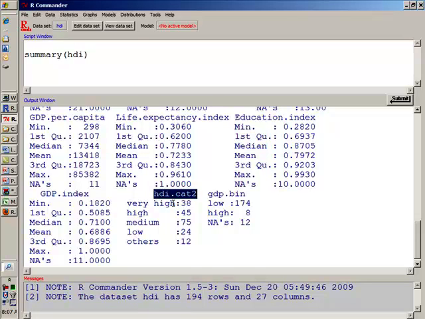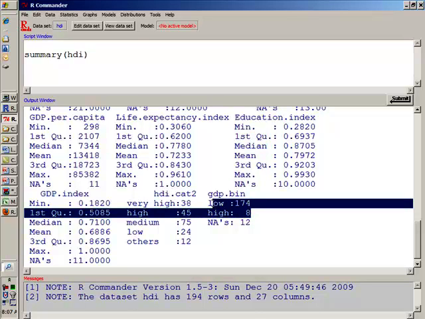The only thing that is reported for a categorical variable is how many observations are categorized as very high, high, medium, and low. Similarly, we had the GDP variable, the size of the economy, the gross domestic product. We coded it as low and high, and you would notice the only thing that the software is reporting is the number of observations.